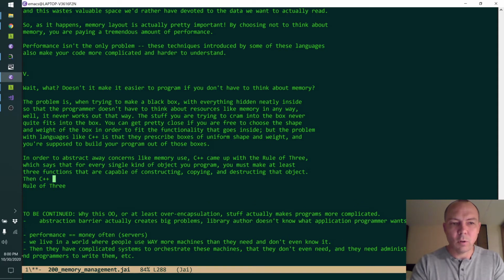Then C++ got more complicated and it became the rule of 5.